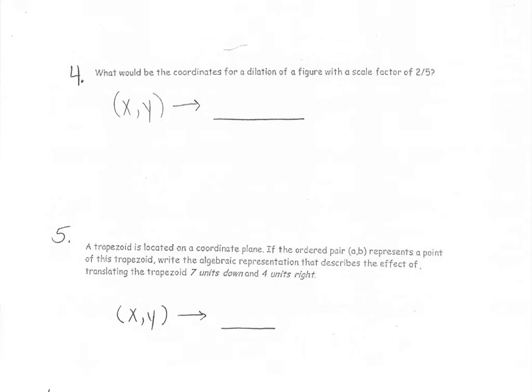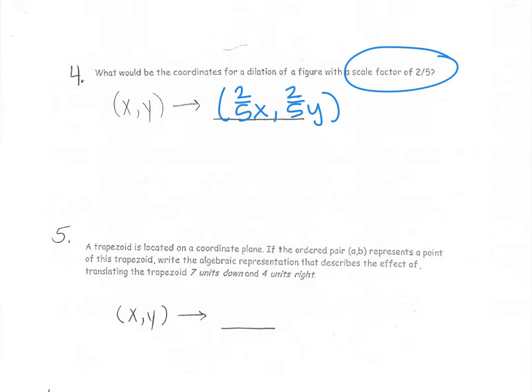Number 4. What would be the coordinates for a dilation of a scale factor of 2/5? So anytime you have a dilation, all you're doing is multiplying it by the scale factor. So we're going to say 2/5 x, 2/5 y. Number 5, a trapezoid is located on a coordinate plane.